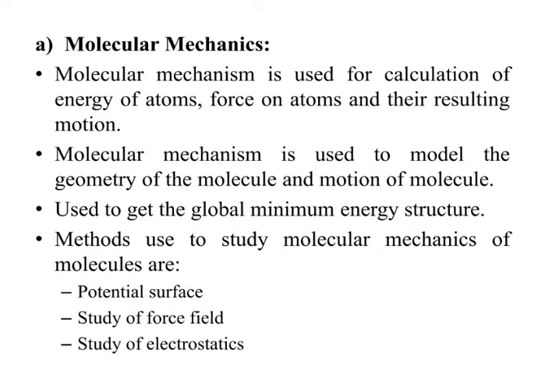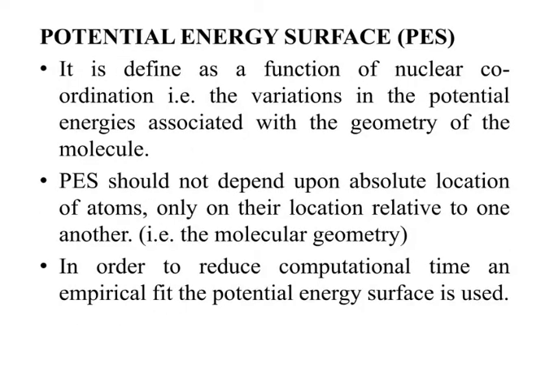Molecular mechanics is used for calculation of the energy of atoms, the force on atoms and their resulting motion. It is used to model the geometry and motion of molecules, and to get the global minimum energy structure.